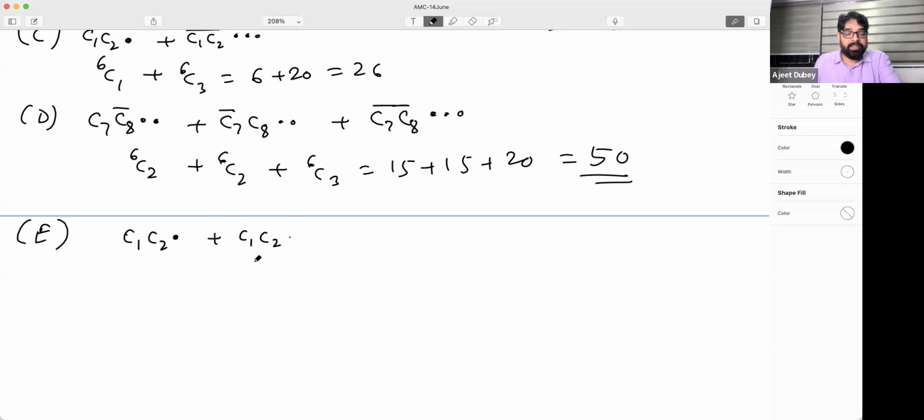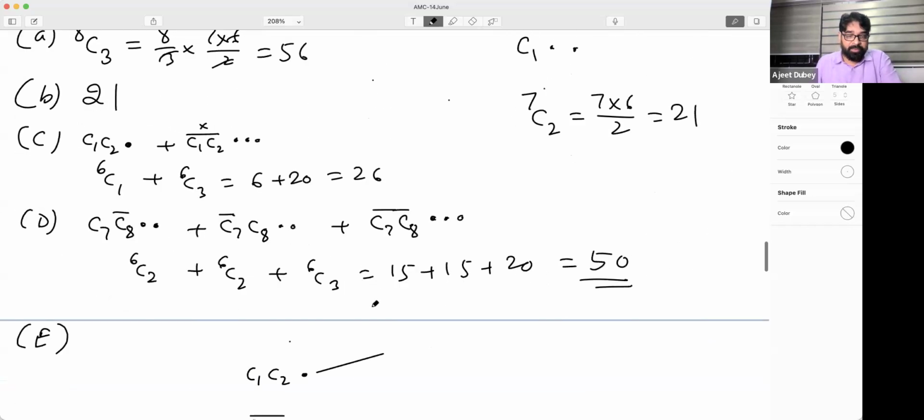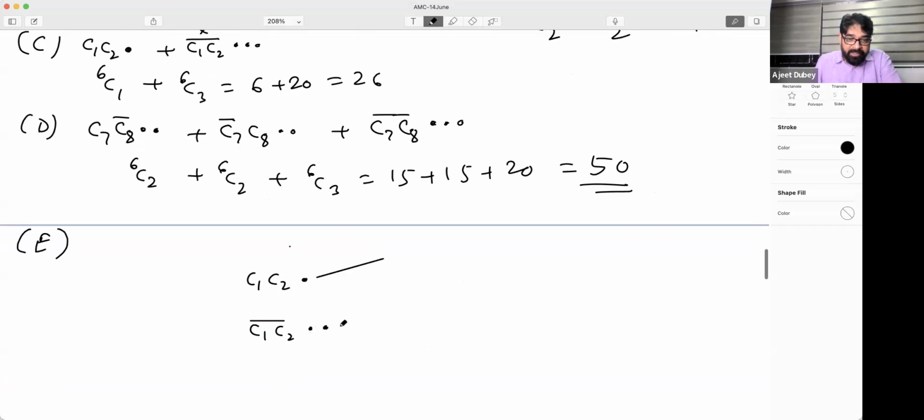But let's do it the proper way so that we can understand things. The possibility: C1, C2 come and one more child. Other possibility: C1, C2 do not come, three more children. If C1, C2 are coming, 100% sure C7, C8 will not come together. But in the other case, C7, C8 can come, so I have to make cases.